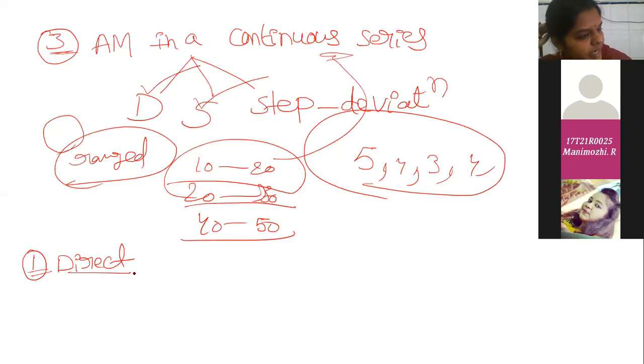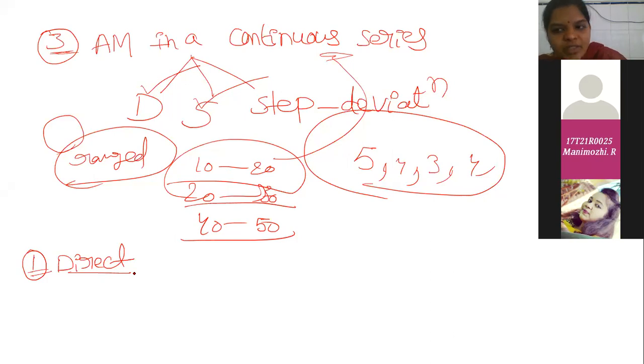In a continuous series, the arithmetic mean may be calculated after taking into consideration the midpoint of various classes.